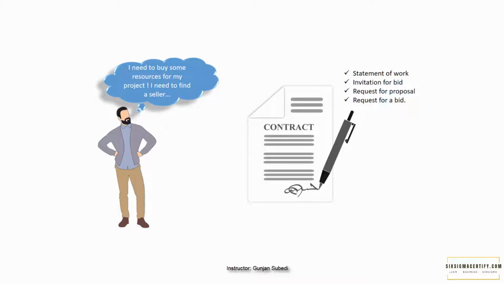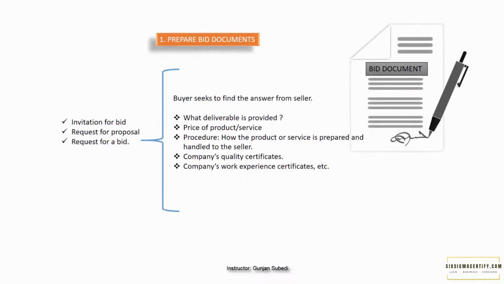I've discussed these terms in my other video, but for a quick explanation of the concept, in the request for proposal, the buyer asks the seller for in-detail knowledge on how the seller can solve the buyer's problem. Many things are included, and it is a detailed document where we have information on what deliverable is provided and the price of the product or service. It may also include the procedure for how the product or service is prepared and handed to the buyer.